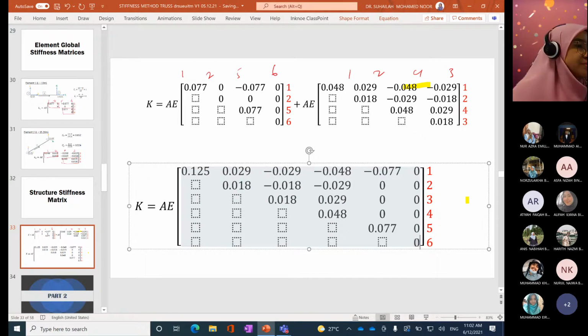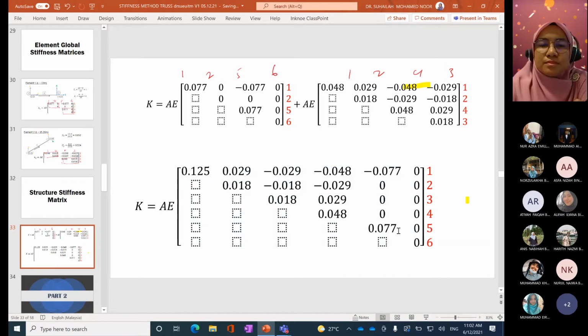Betul. 15, 51. Okay. So yang ni yang kena betul-betul dulu, betul-betul clear dulu. Okay, so kena faham label ni untuk apa, semua kena clear.